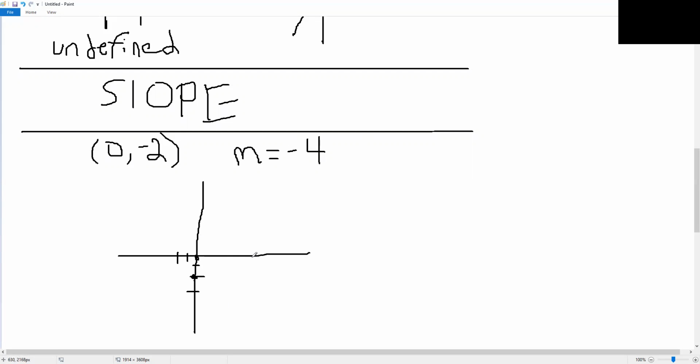Okay, so let's find slope. Slope is -4. So slope would go up 1, over 1, then 1, 2, 3, 4, and that will be your next point.